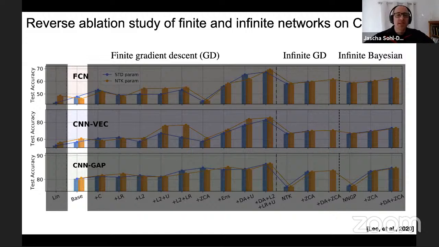To emphasize the sometimes really surprisingly good performance of these NNGP and neural tangent kernel methods, let me briefly share some results from a reverse ablation study we performed. So here, we started out with a base configuration for finite width networks, where we expect them to be very well described by theory.